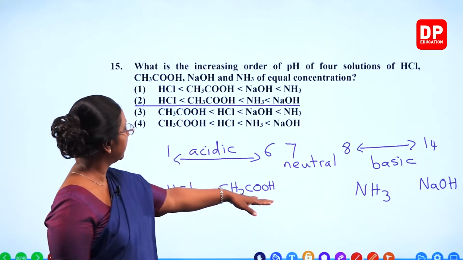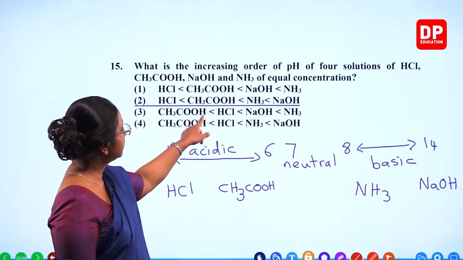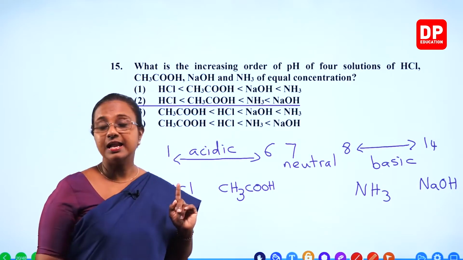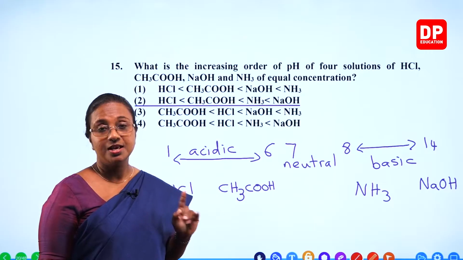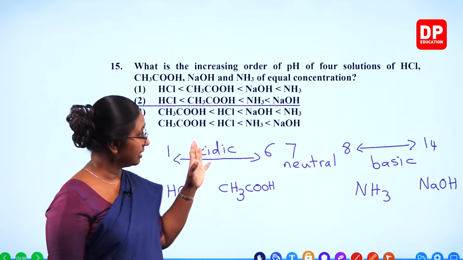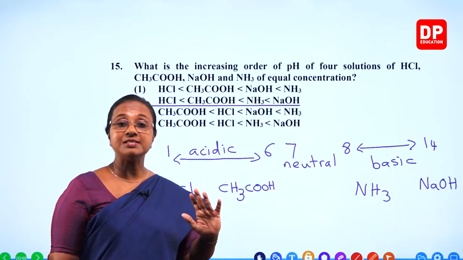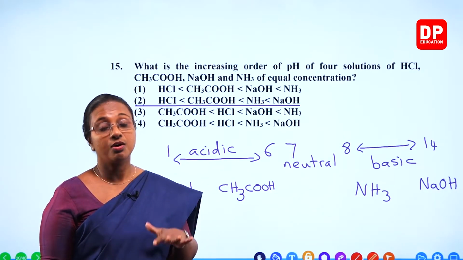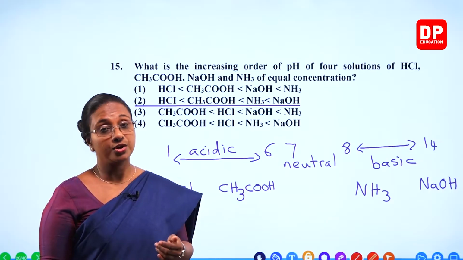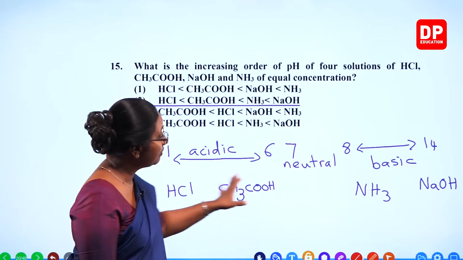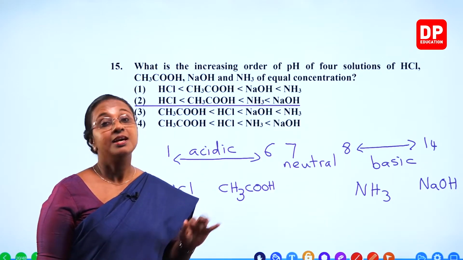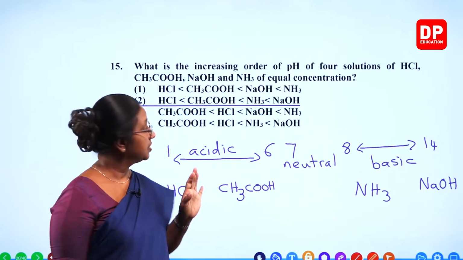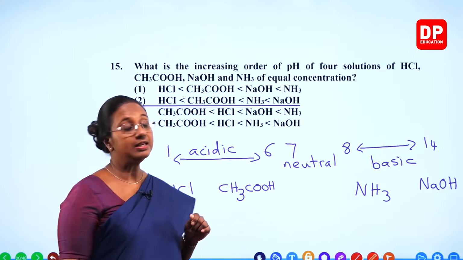So the correct order is this: hydrochloric acid, acetic acid, ammonia and sodium hydroxide. So you need to look at the solution, whether it's an acid or a base, and also consider whether it's a strong acid or a weak acid, strong base or a weak base. That is how we decide on the pH. Is that clear, student? So with that, I'll move on to the next question.